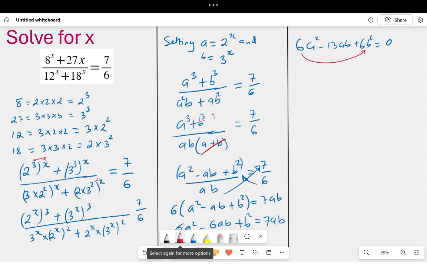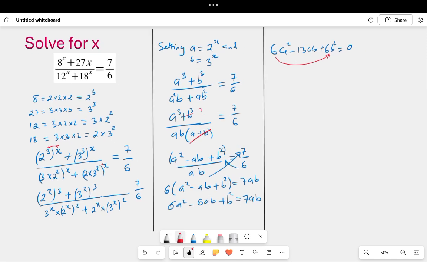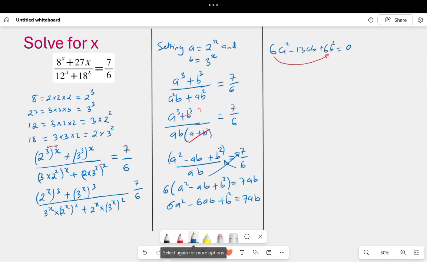Okay, and in this case, if we factorize this, we are going to get 2a minus 3b, and of course 3a minus 2b is equal to 0.